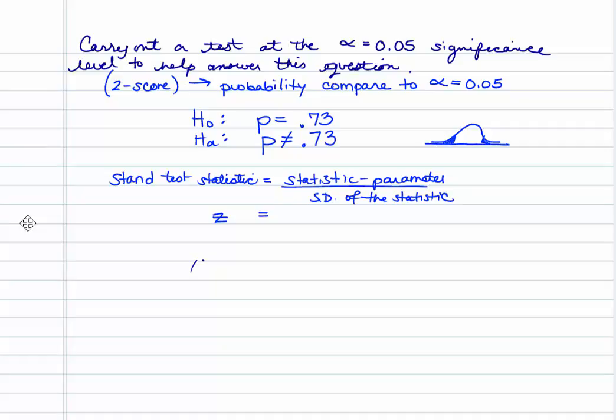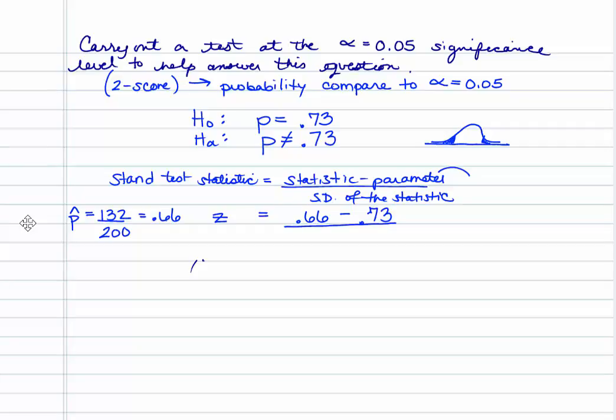The statistic is what happened in our sample, 132 out of 200. We talked about it a minute ago, wasn't that 0.66? So 0.66 is going to go in this spot. Parameter is what happened from the population, or the bigger picture, which is the national one, 0.73.